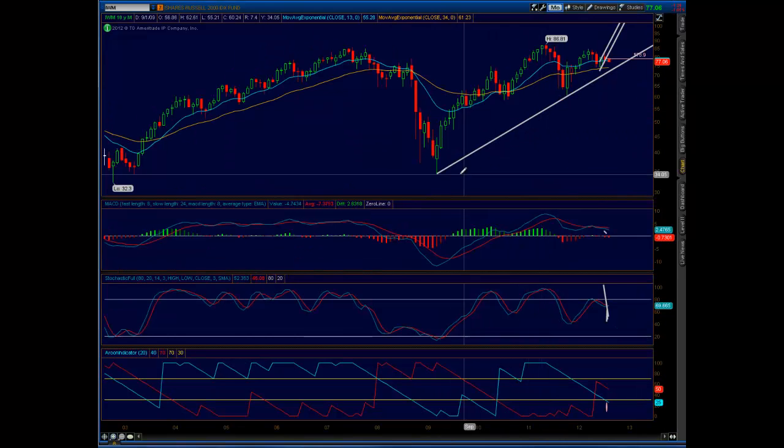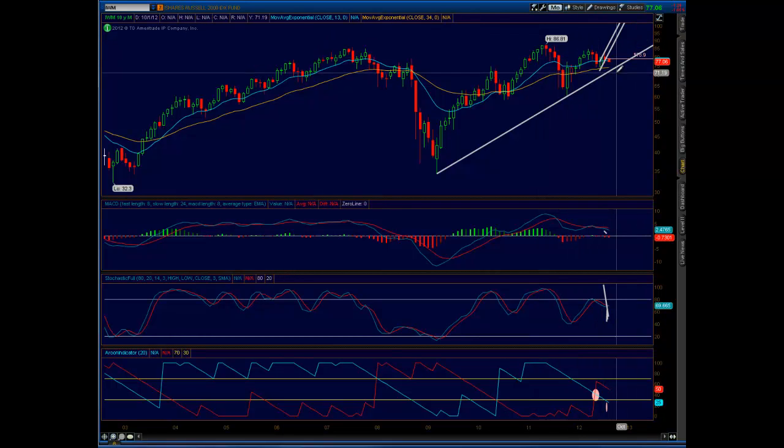On the monthly chart, I've pointed out here we have this uptrend line from the bottom here in the beginning of 2009. Now, the interesting part about this monthly chart is that we have a bearish cross on the monthly, and it happened almost here at the highs. What does that mean?